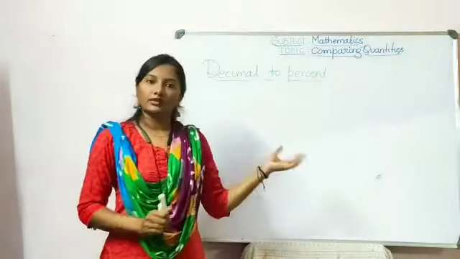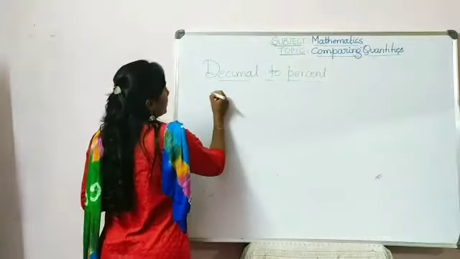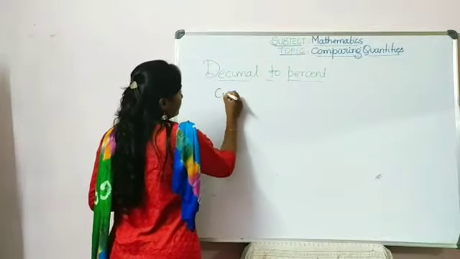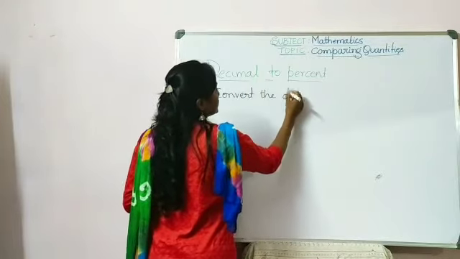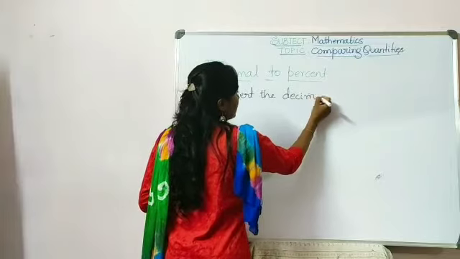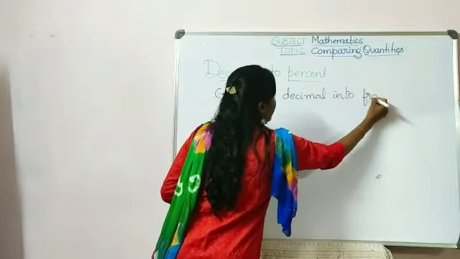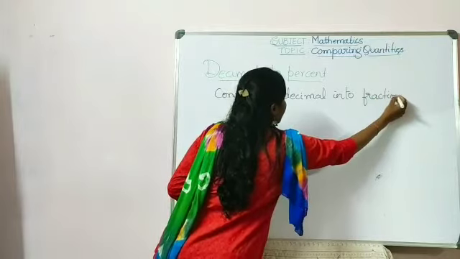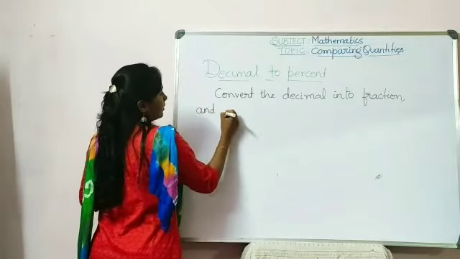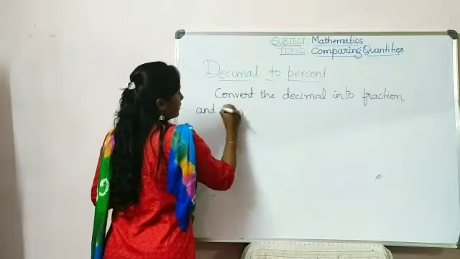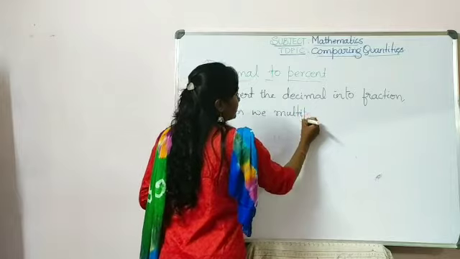We just multiply the decimal number by 100, but we have to convert the decimal into a fraction and then we multiply by 100.